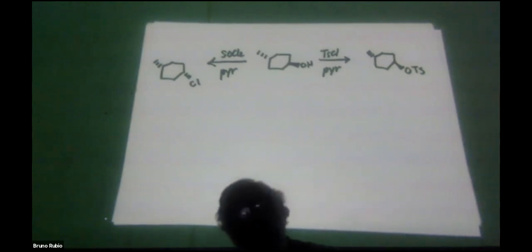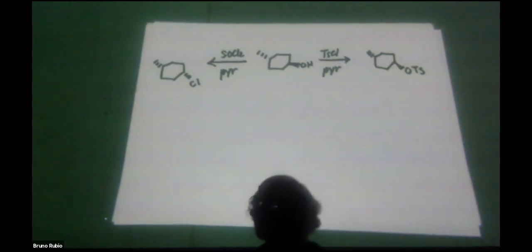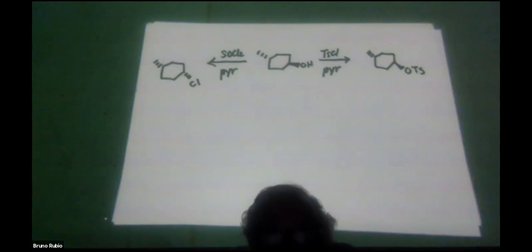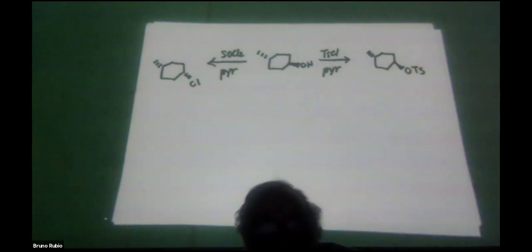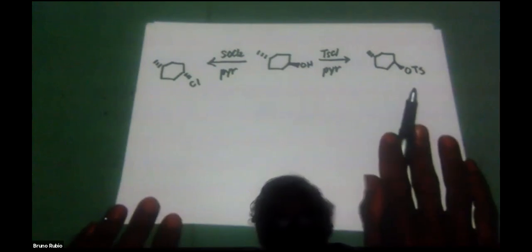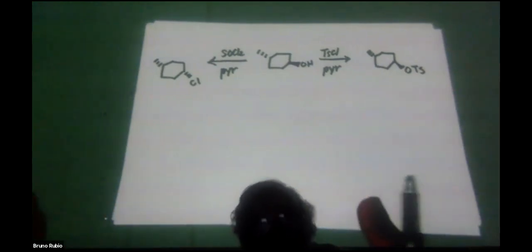Okay, and the reason I'm belaboring this point is that these two reactions are complementary. They give us control of stereochemistry. So now what is usually done next is, since that's a good leaving group and that's a good leaving group, now we want to kick it off with a nucleophile in another SN2 reaction.